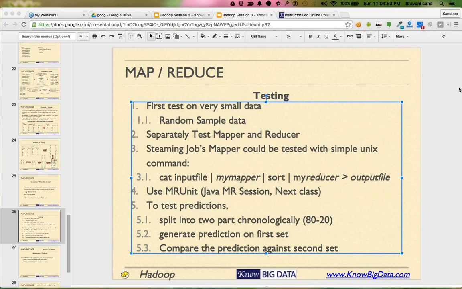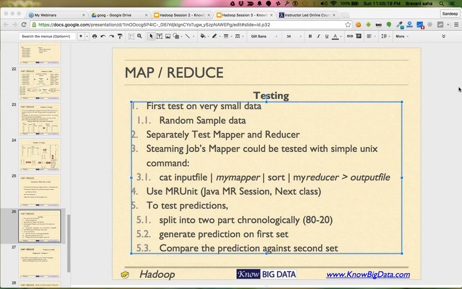In case of Java, we will use MRUnit, and to test the predictions, a general thumb rule is, because most of the time you will be using MapReduce jobs for various kinds of predictions or machine learning or predictive analytics.